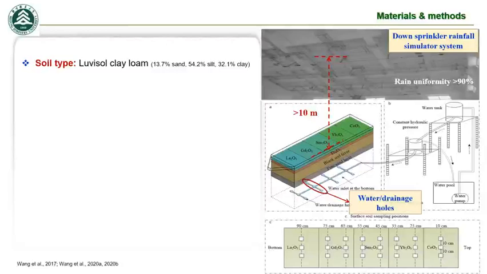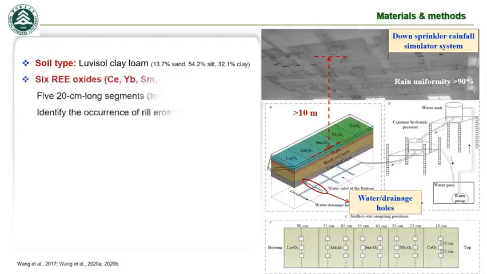A clay loam is used in this study. The soil organic matter is 2.1%, clay content is 22%, and silt content is 54%. Six different powdered REE oxides were used in this study to track sediment movement and deposition in space.